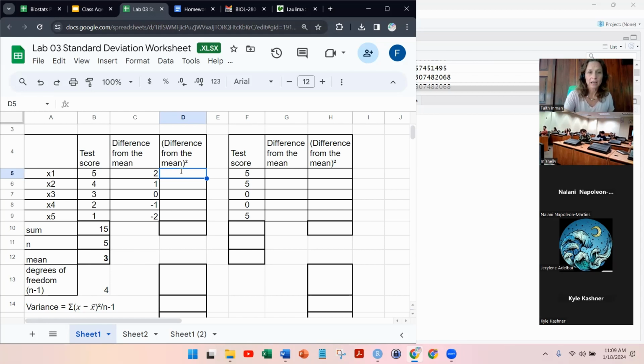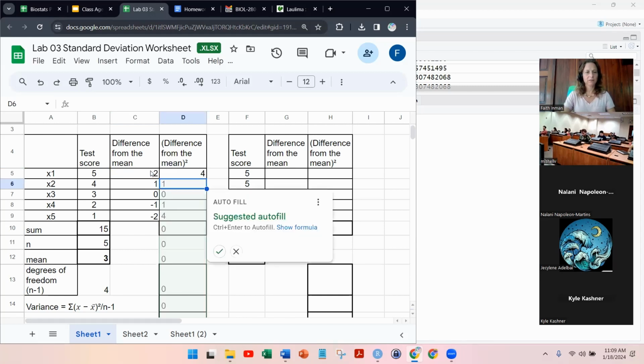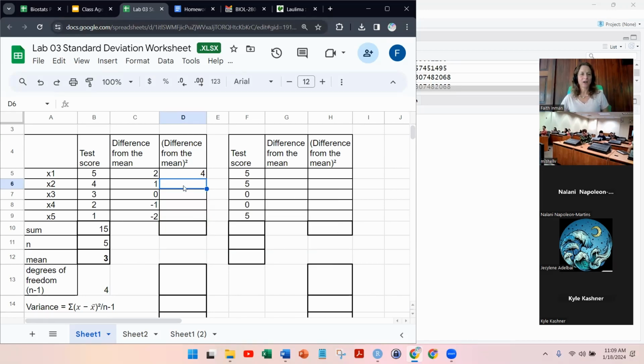So you just say equals 2, the little hat, squared. Yeah, that does it. And I don't actually want to autofill because I don't want to go all the way down. Or you can just say equals 1 times 1, or if you already know that 0 squared is 0, you can type that in. -1 squared is 1, -2 squared is 4, right?